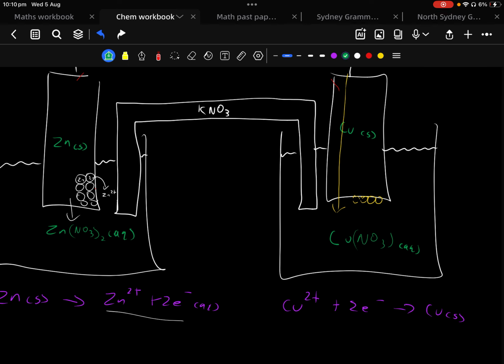And we could see, because this solution is split into copper 2+ ions and nitrate ions, where these two electrons combine with this ion to create a copper deposit on the cathode.